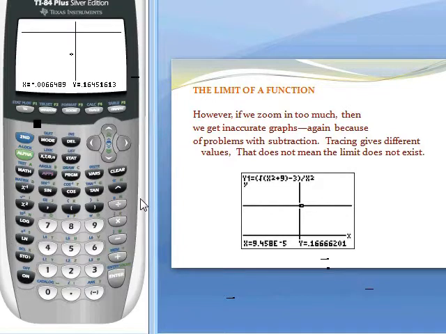And the other place was when I take my t value or x value very close to where I want to take the limit, and sometimes things are not what they seem, because when I do it by hand, I get a 1/6 value. So when I look at the graph, it looks like 1/6, but if you get too close, you run into problems because of using the calculator.